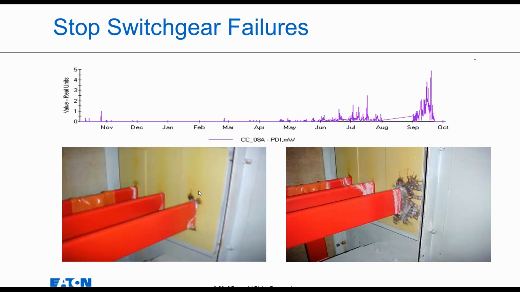This type of monitoring can detect a little corona discharge on a medium voltage bus before it escalates into a fault like this. So partial discharge monitoring is a great feature.